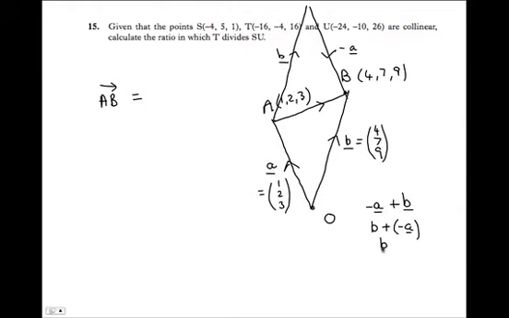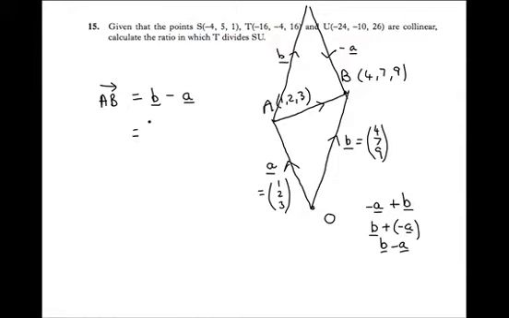So there is the very general result, and this works for any pair of points. Travelling from A to B, position vector of B, that's where you ended up, your destination, minus position vector of A, that's where you started. So A to B is position vector b minus position vector a.